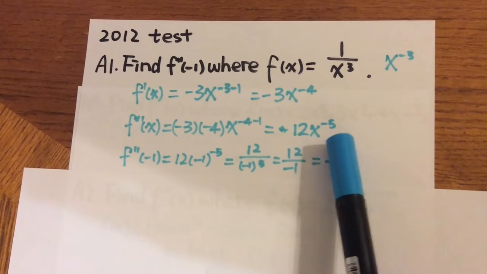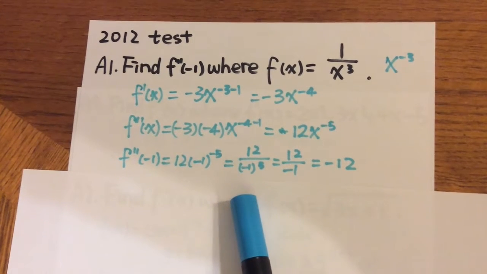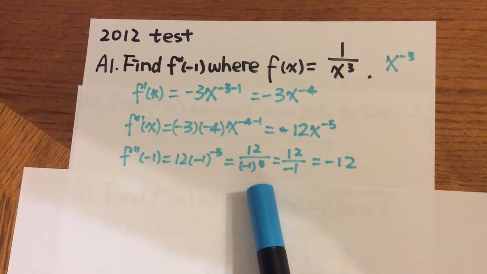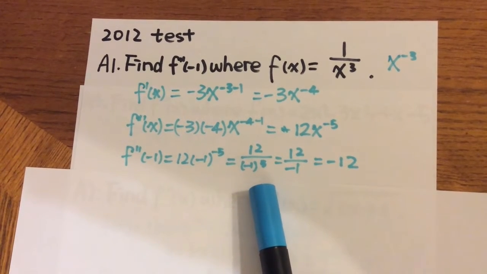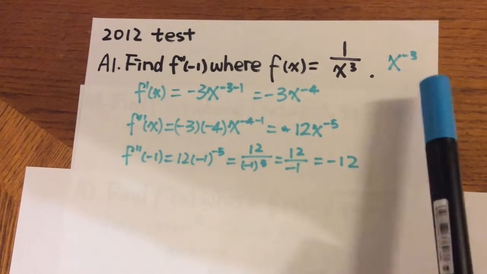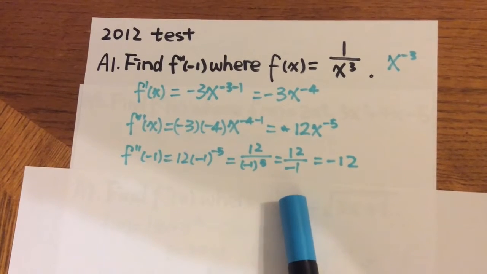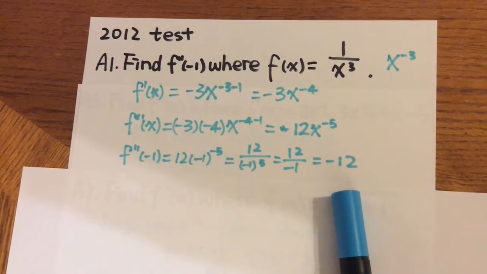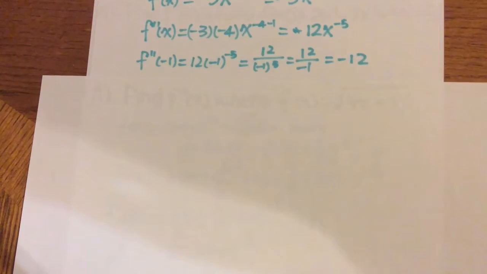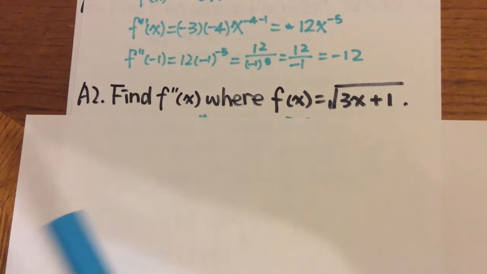This is the same as 12 over minus 1 to the power of 5, where we also use the laws of exponents as before. So it goes to 12 over negative 1, and the final answer is negative 12. This is the first question.